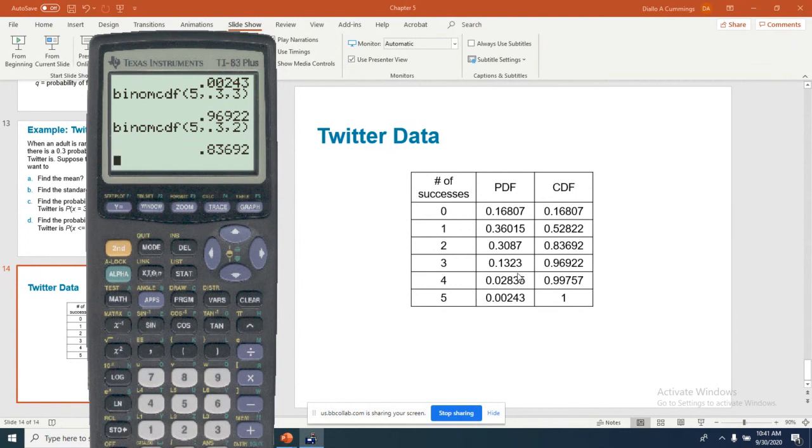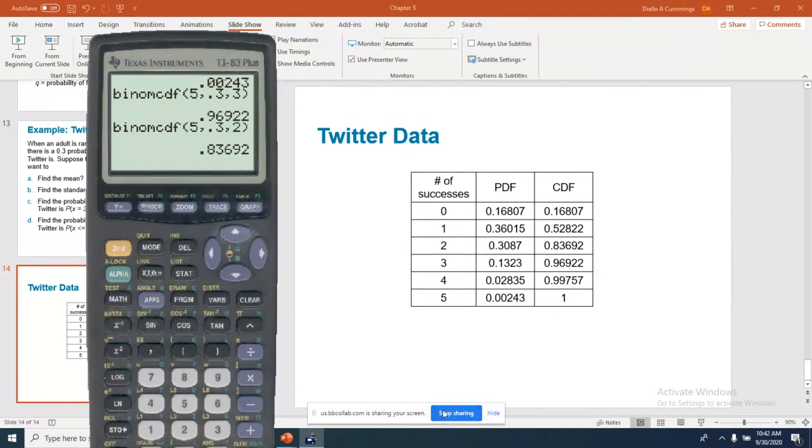Notice on my calculator, when I use a CDF, it gives me the area down, or the area to the left. So in my calculator, I'm going to put in 1 minus the CDF at 2. If I take the cumulative probability for 0, 1, and 2, I get 0.83692. In order to find the probabilities for 3, 4, and 5, I can simply subtract from 1.